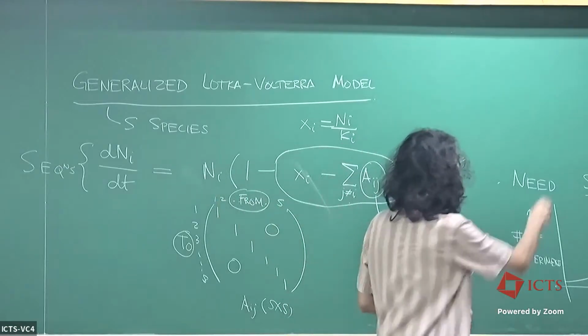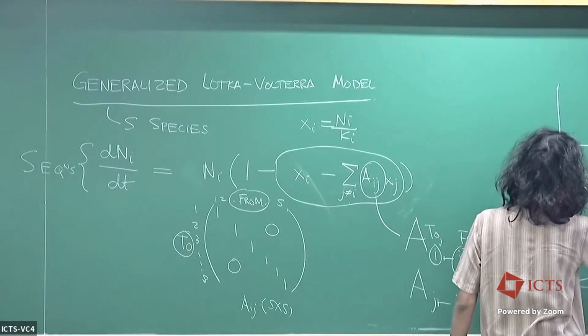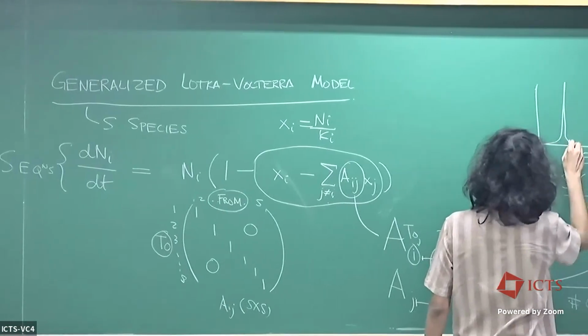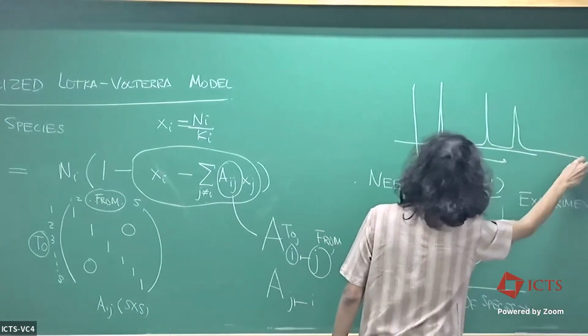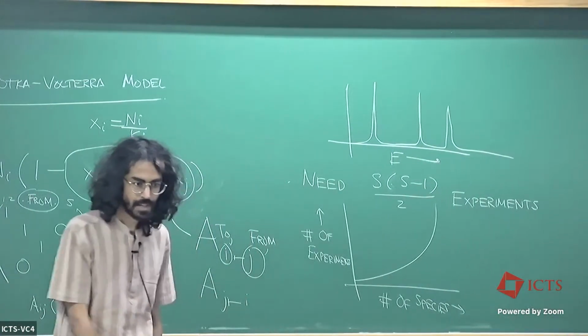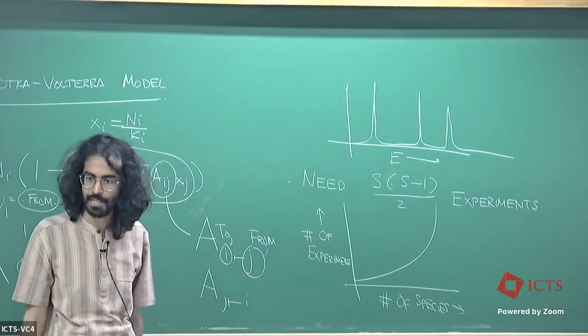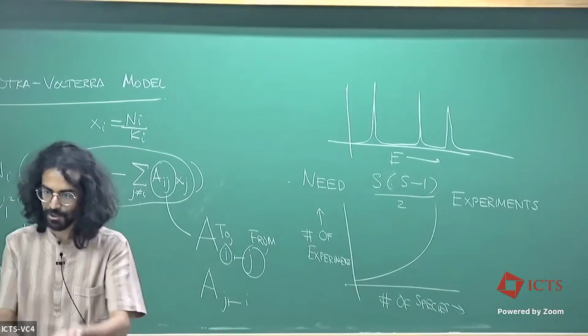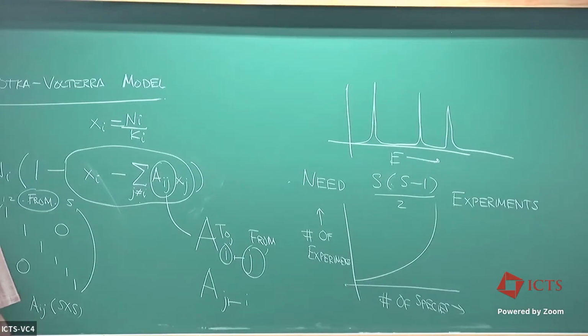You can make this spectrum, with energy on this axis, and you find these peaks, and the peaks come at some intervals. You might want to understand when these peaks happen, because solving the Schrodinger equation gives you these energy eigenvalues.